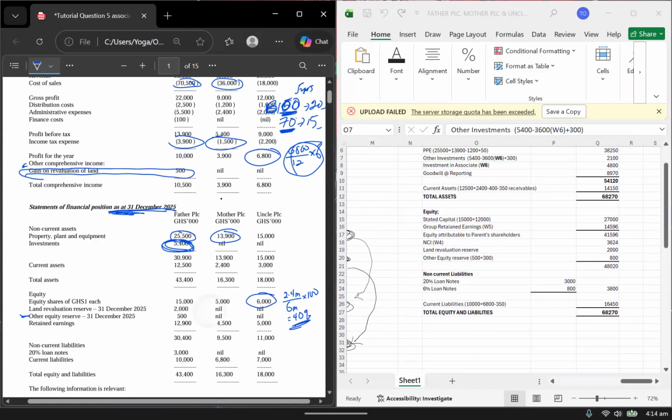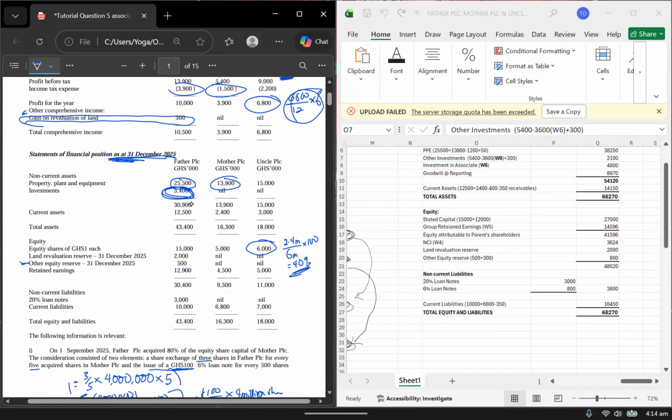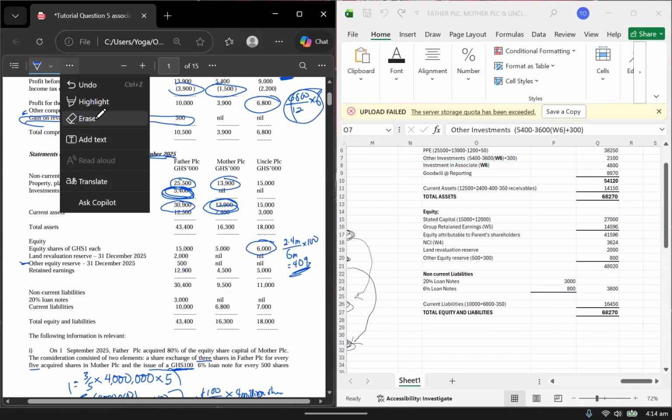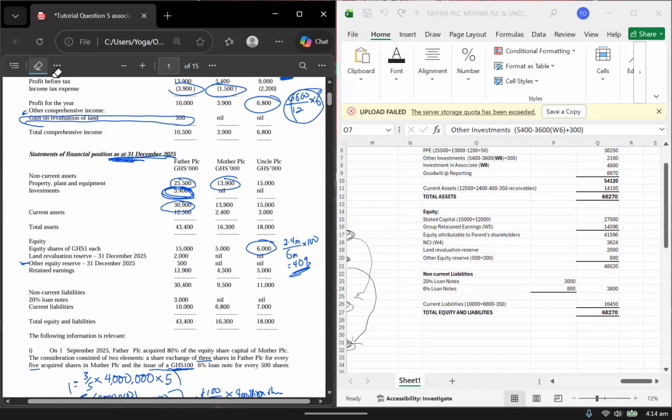What are the values for the current assets? We have 30,900 plus 13,900. You add the two, 12,000.